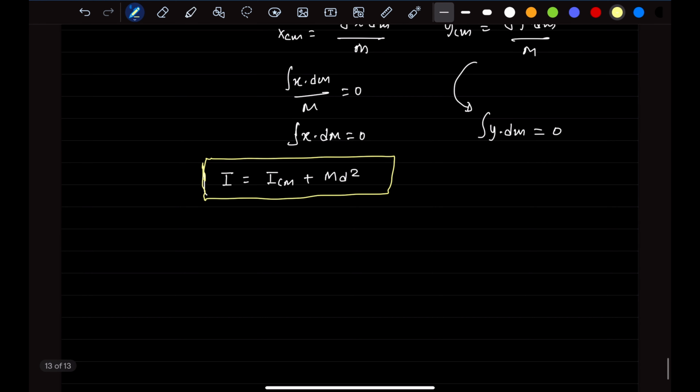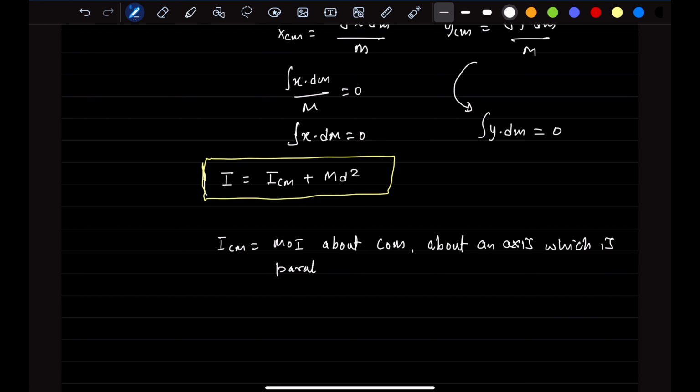Now you need to keep in mind that in this expression, I_CM is the moment of inertia about the center of mass, about an axis which is parallel to the given axis. And when I say given axis, what is meant by that?